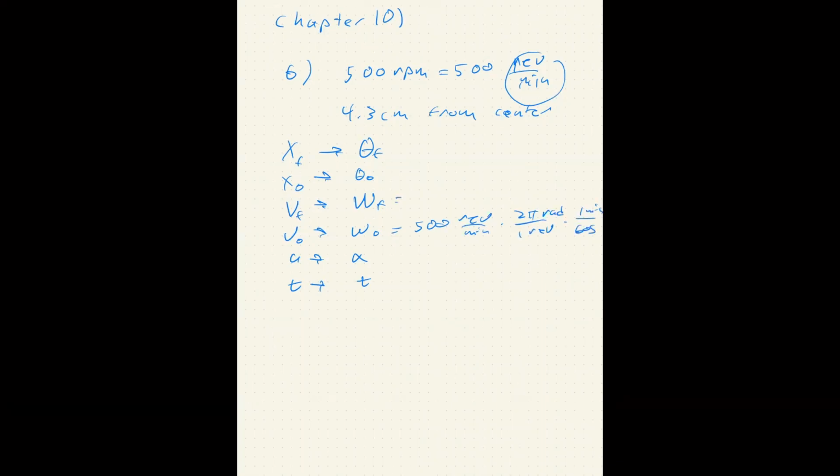So I have 500 times 2 times 3.14 divided by 60. This ends up being 52.3 repeating radians per second.